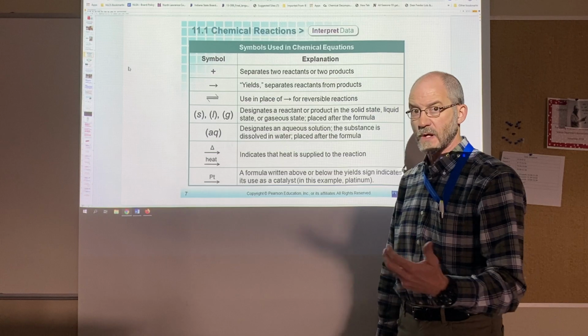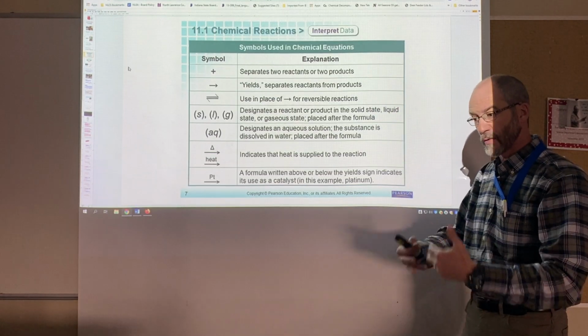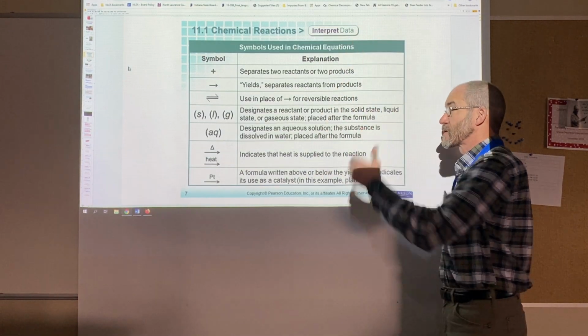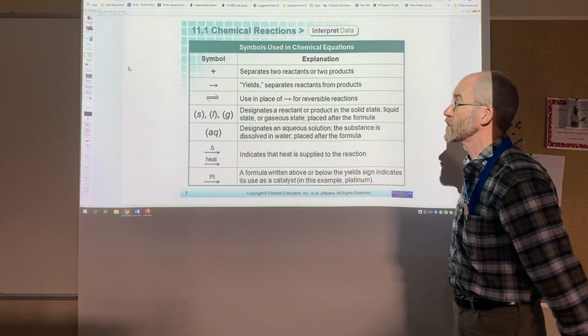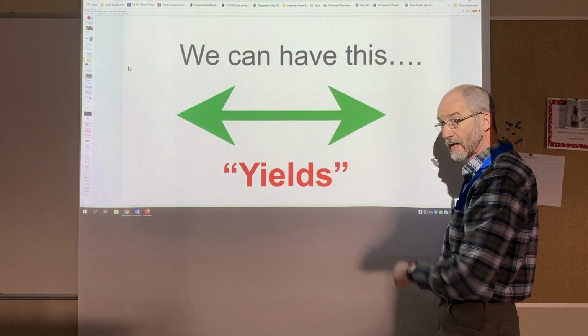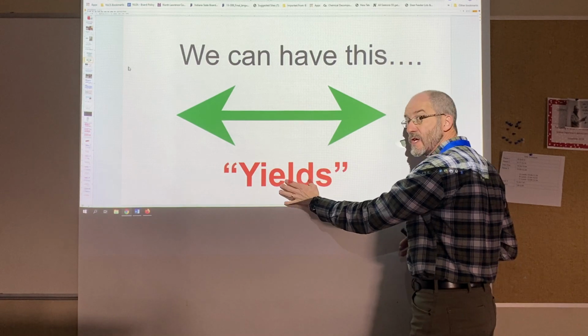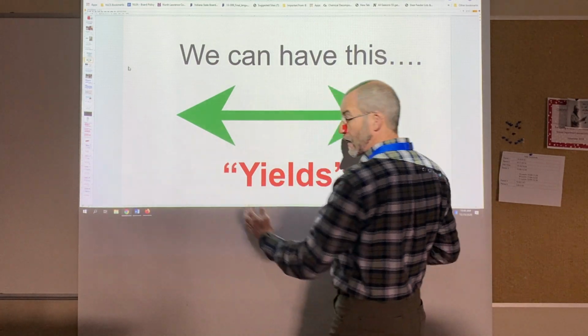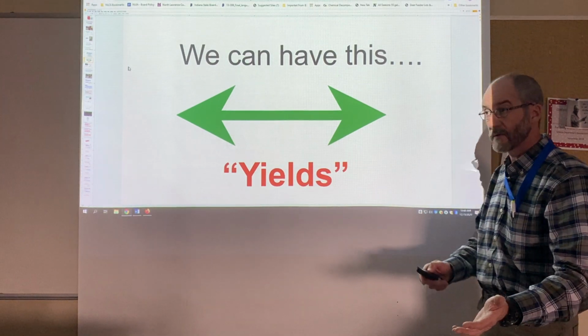You probably remember studying about that in biology as well, but a catalyst can help a reaction proceed more quickly. So these are just some simple items that you might see in chemical equations, okay? Don't forget, we can definitely have a bidirectional arrow. It still means yields, but it means yields in both directions. Okay, the reaction can proceed one way or the other.